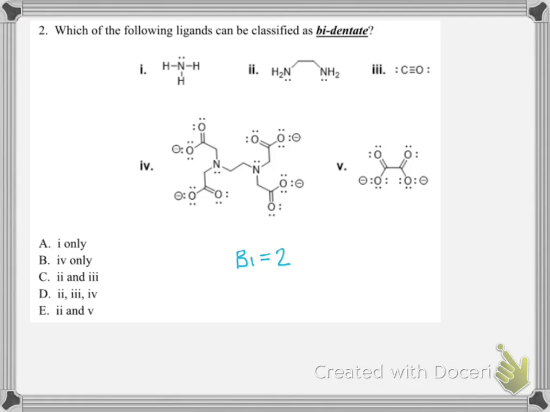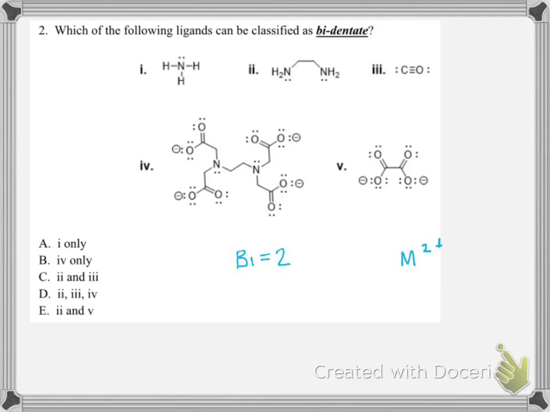For number 2, they're asking us which of the following ligands can be classified as bidentate. And so we know that the prefix bi means 2. And so we're trying to figure out what can coordinate in 2 sites with a metal. And so we know metals are positively charged. So we'll have some metal, and often, not all the time, but frequently they're 2+.